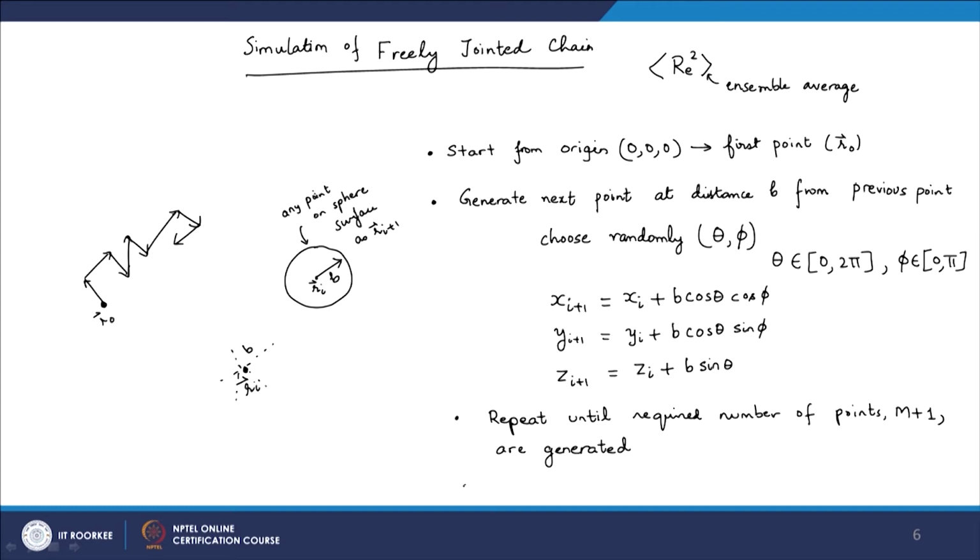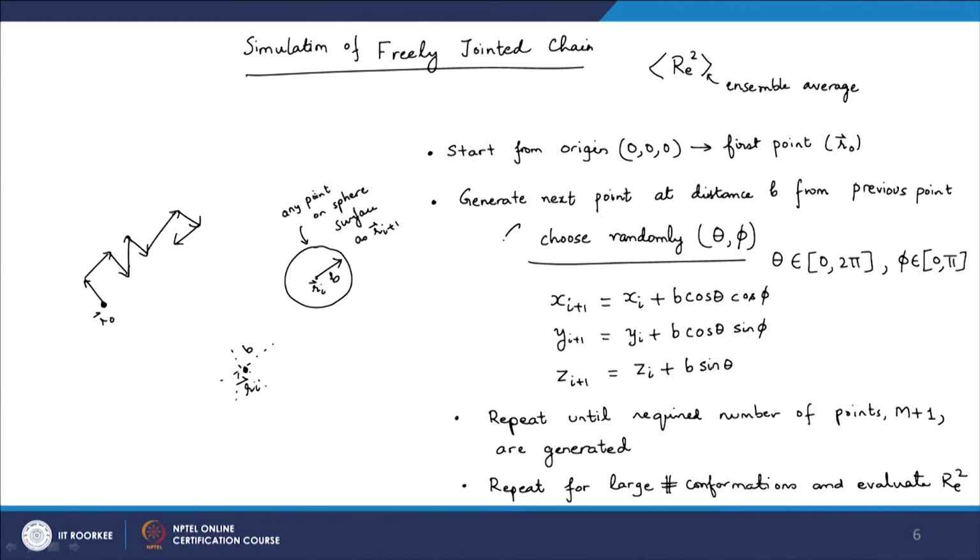Okay. And then we have to repeat for a large number of conformations, and for example evaluate R E square and then take the ensemble average, and then we have the result. Okay. So, this is the way of doing it.